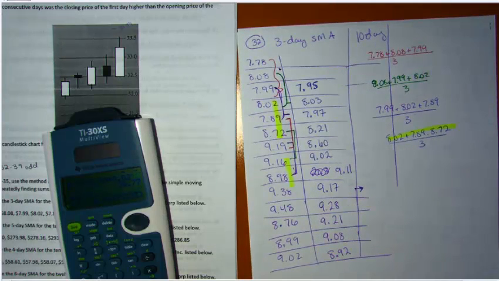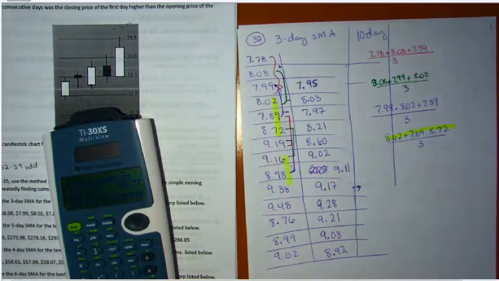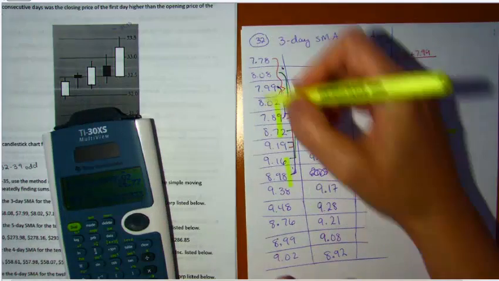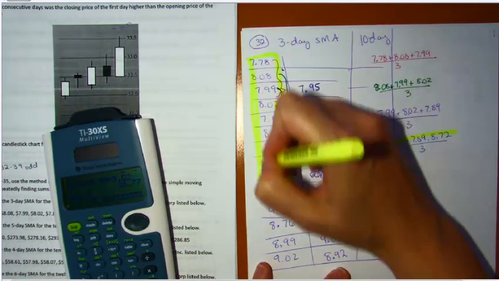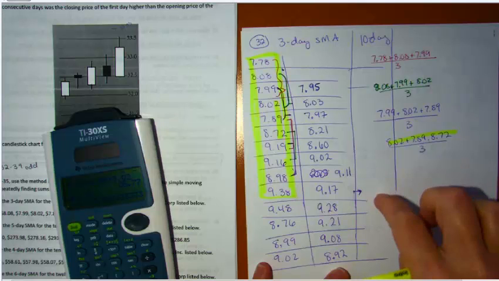Okay, so when I do the 10-day, I'm going to take all 10 of these, add them together and divide by 10, and that answer goes right there.